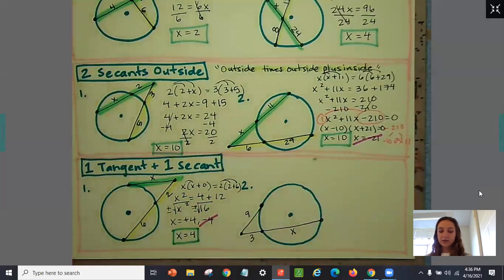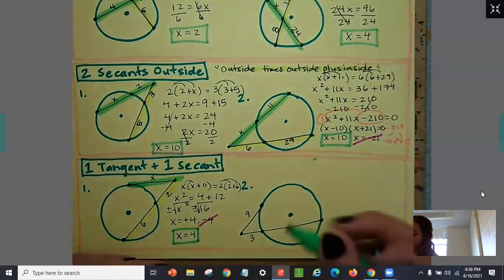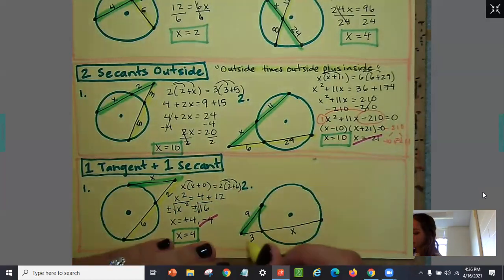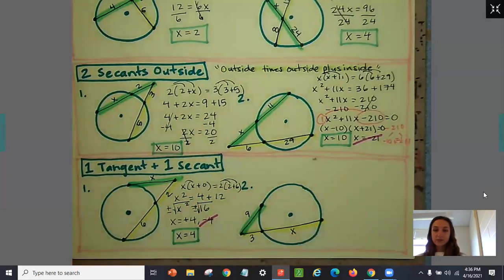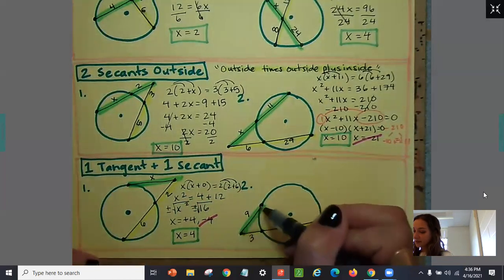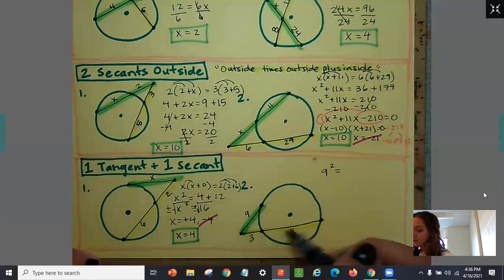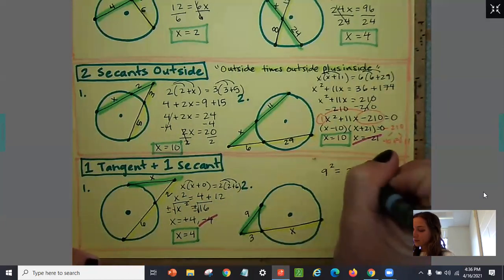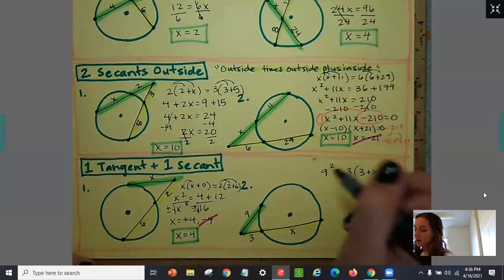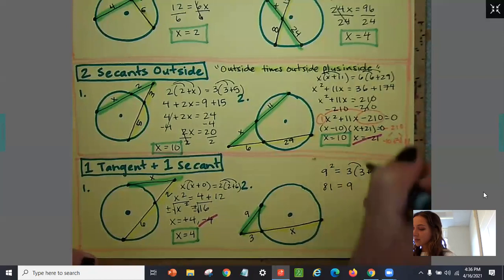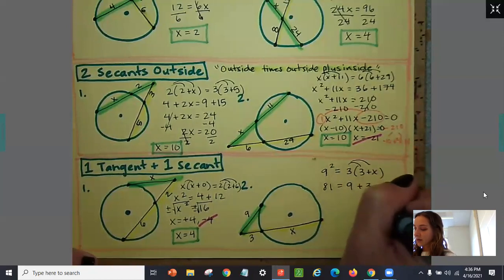Okay, and let's look at our very last example. Again, we want things that are on the same line. So this 9 is on the same line as itself, and we have 3 and x here. So let's start with the first one, outside times outside plus inside, or we could just say 9 squared equals outside times outside plus inside, so 3 times 3 plus x. All right, 9 squared is 81, and we're going to distribute, so 3 times 3 is 9, 3 times x is 3x.